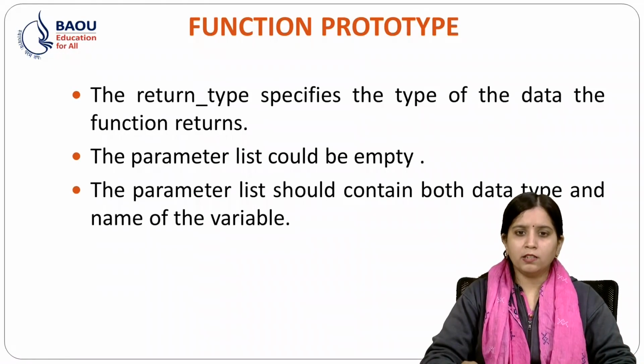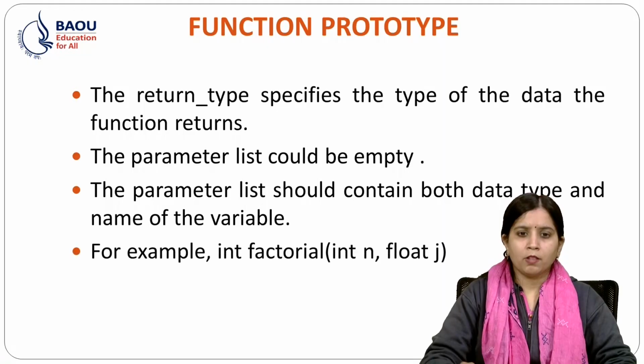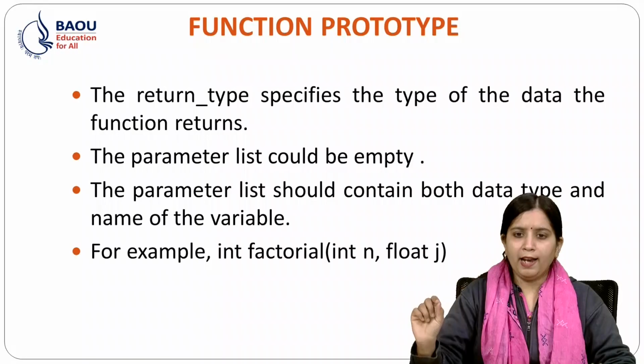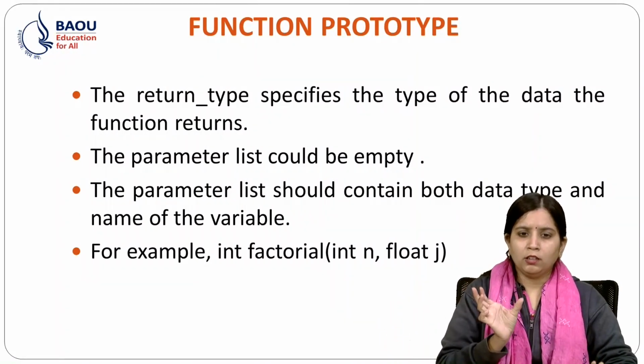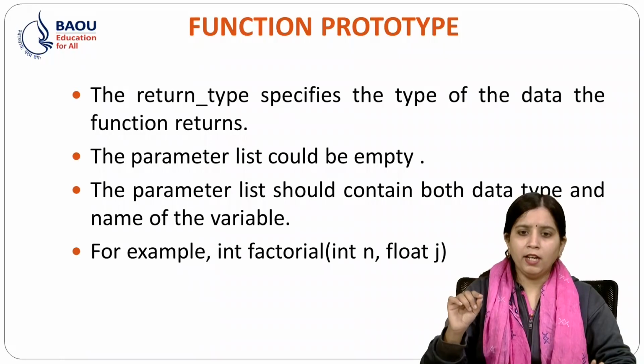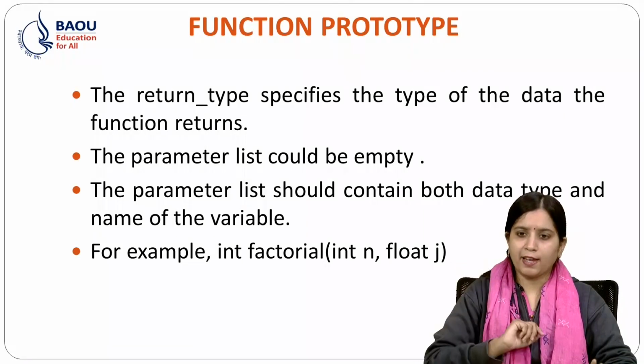The parameter list should contain both data type and name of the variable. For example, int factorial, int n and float j. So what is this? Int is a return type, factorial is the name of a function, int n is the first parameter, float j is the second parameter.